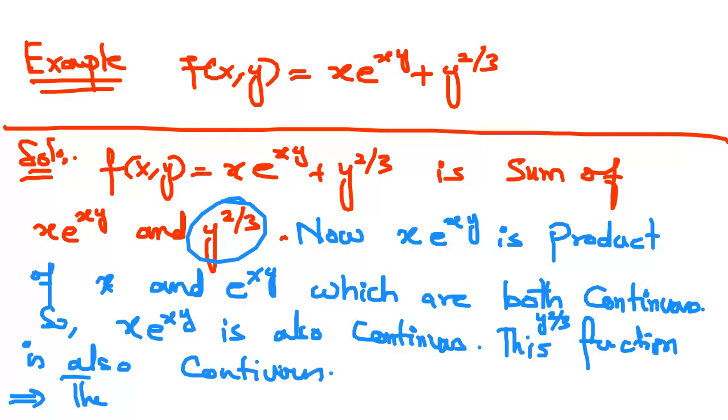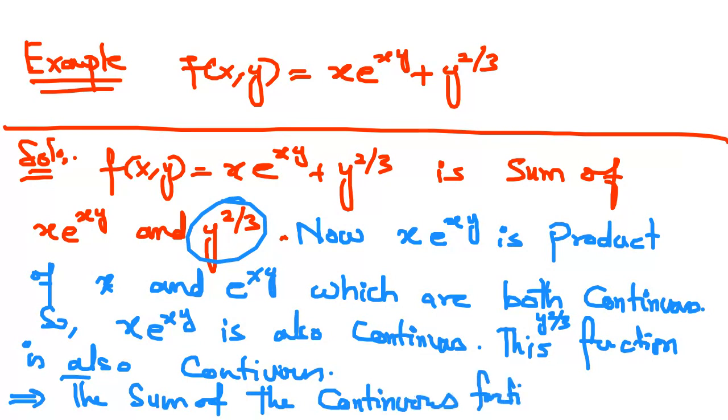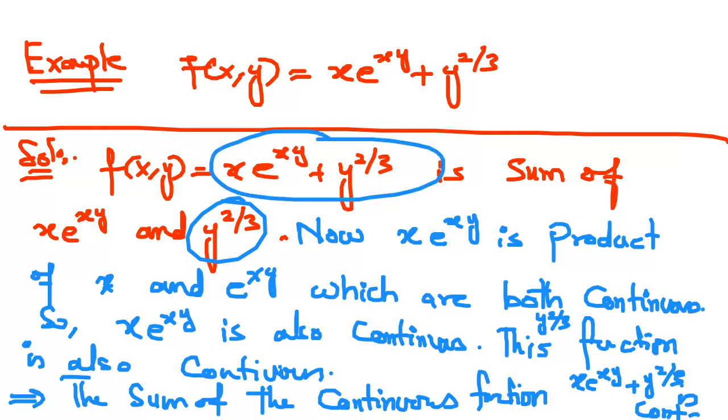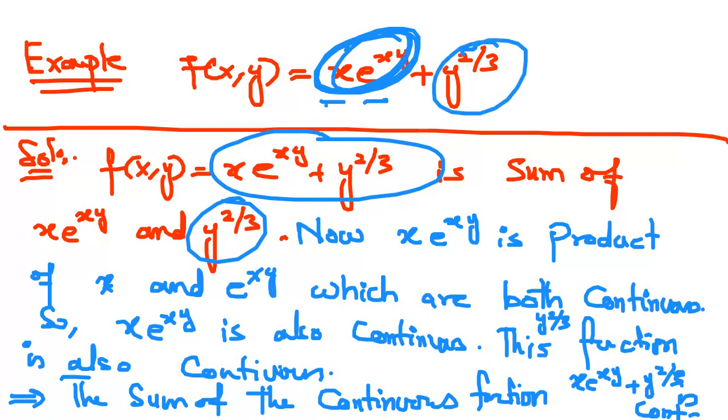This implies the sum of the continuous functions x e power xy plus y power 2 by 3 is continuous. Got it? Understand? Because these are the two terms. First you use this one, and this is the product of two functions. This is continuous, this is also continuous, so you can say that the sum is also continuous.